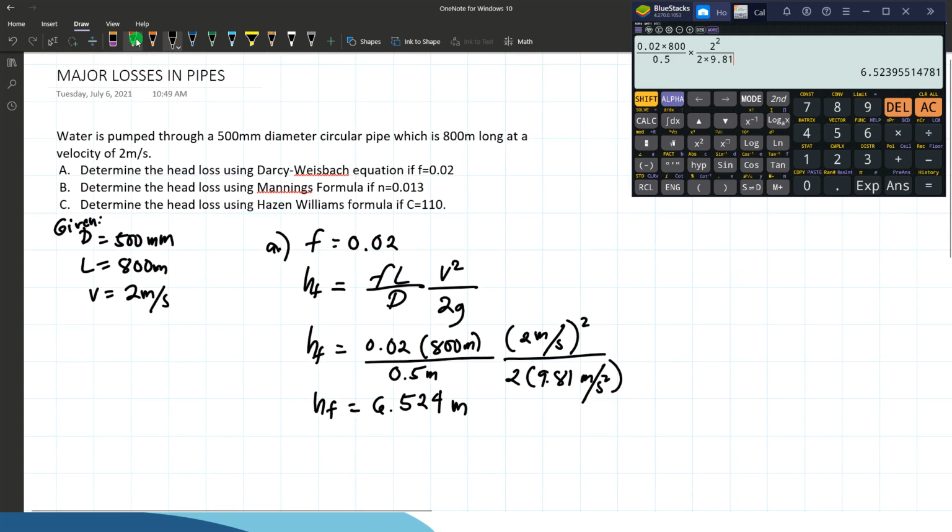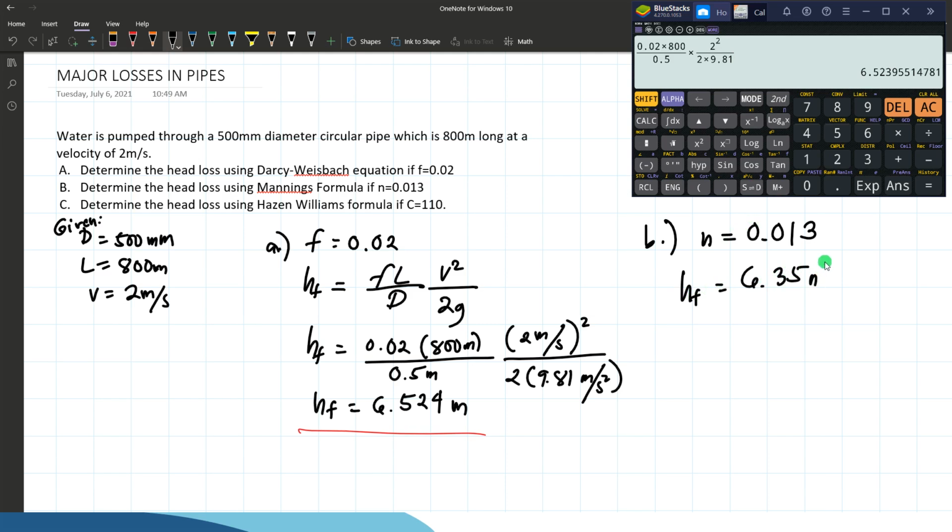Next, for letter B, using Manning's formula, if we have a roughness coefficient of 0.013. So Manning's formula, hf equals 6.35 n squared L V squared over D raised to 4 over 3. hf is equals to 6.35 times 0.013 raised to 2. The length is 800.